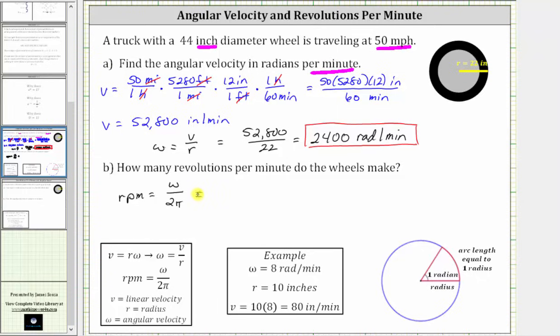And we know the angular velocity is equal to 2,400 radians per minute, and therefore the revolutions per minute are equal to 2,400 divided by 2 pi, which is equal to 1,200 divided by pi. And of course, units here are going to be revolutions per minute. So this would be the exact revolutions per minute.